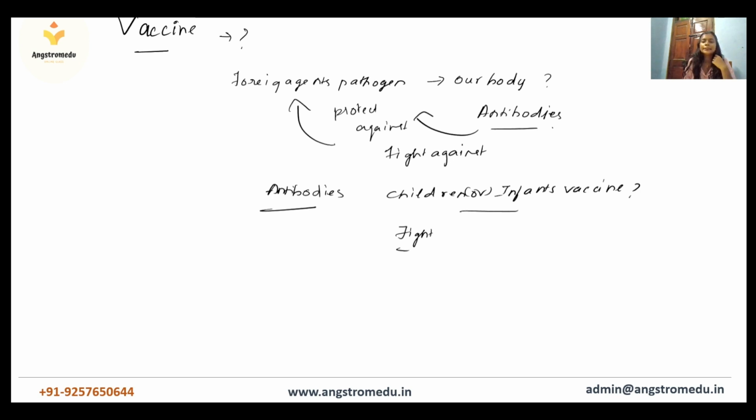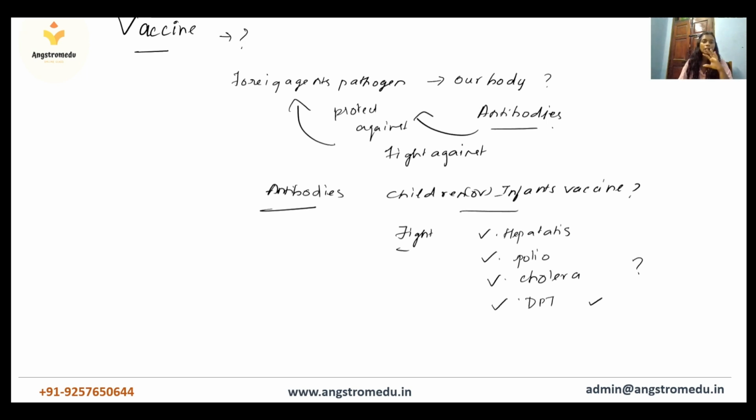There are diseases like hepatitis, polio, even cholera, DPT. From our childhood we take vaccines for these, in the form of polio drops or vaccine injections. Why? In order to prevent these diseases in our lifetime.